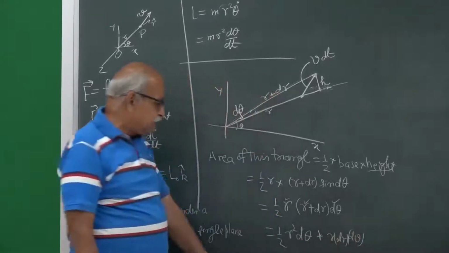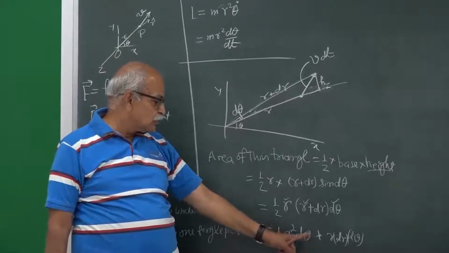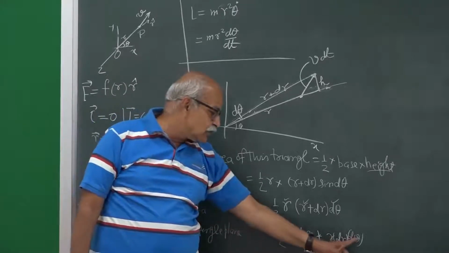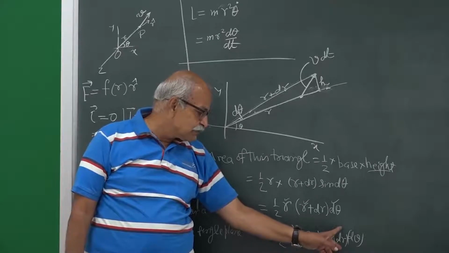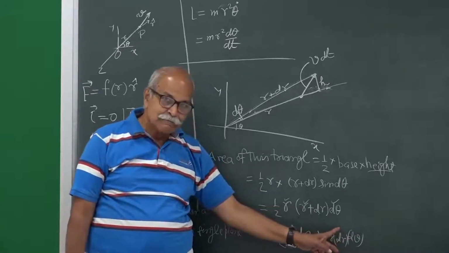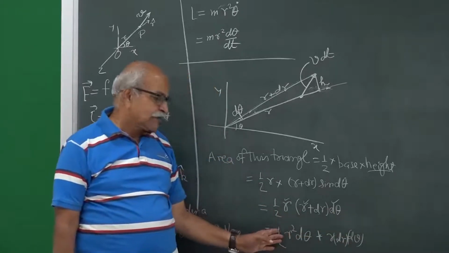And since we have first order infinitesimally small quantity present here, and this is a second order infinitesimally small quantity, the product of two infinitesimal quantities dr and d theta, this can always be dropped in presence of this.